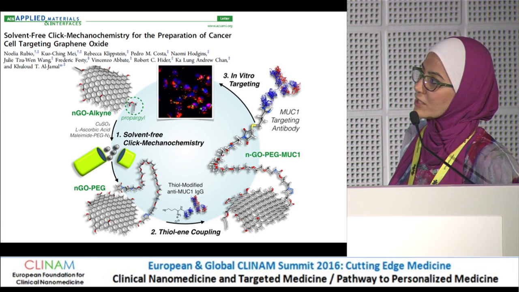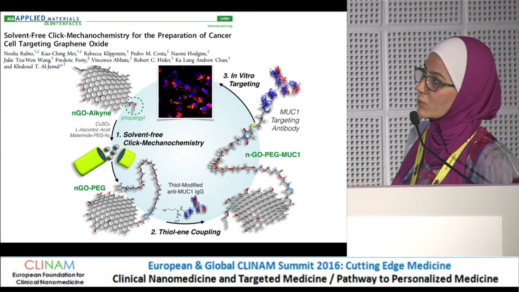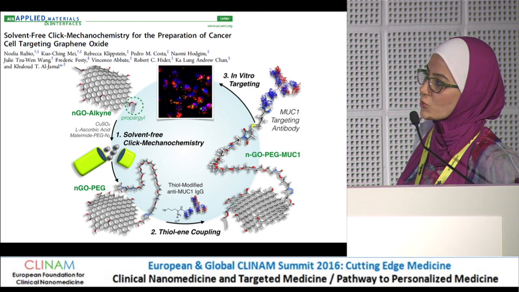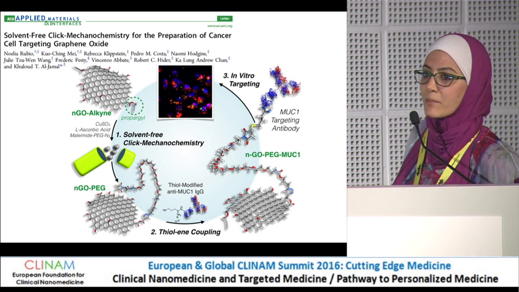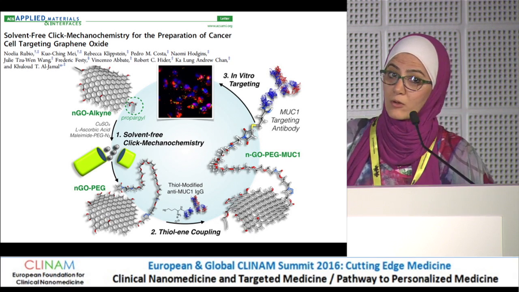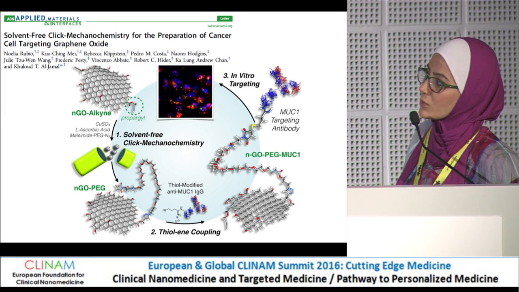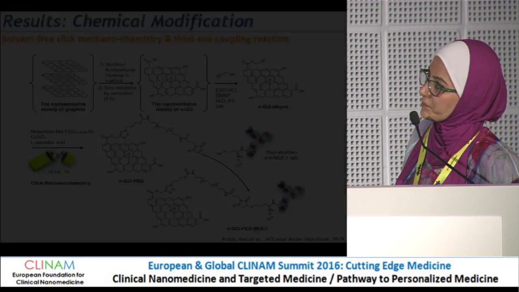So what we have here is graphene oxide with alkyne groups, and by using again the solvent-free mechanochemistry approach, we introduce some linkers via click chemistry, and we have the maleimide group that's amenable to modification depending on what you want to have. In this case, we have the antibody against the MUC1 receptor.